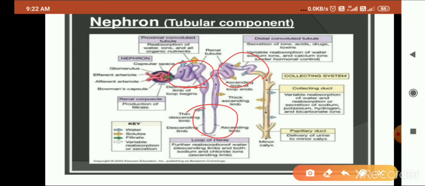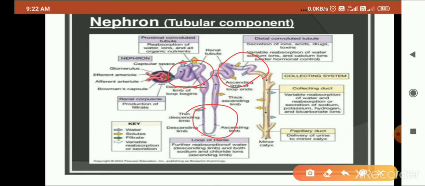The urine that is formed in this renal tubule gets collected into the collecting system or the collecting duct. In this collecting duct, we will have reabsorption of water and selective reabsorption of sodium, potassium, hydrogen and bicarbonate ions.